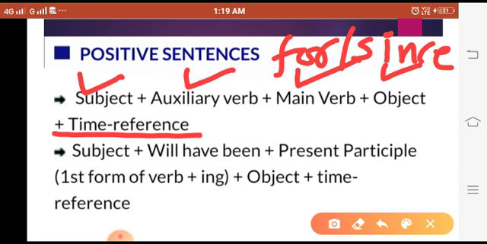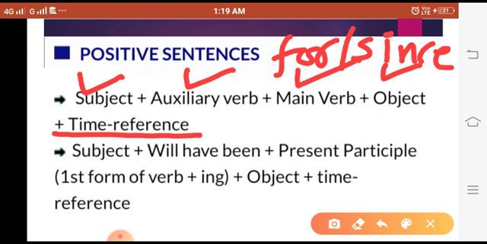And if we have exact timing, that exact timing can be the name of a month, the name of a day, exact timing like 4 o'clock, 5 o'clock, 6 o'clock, or the name of any month like since March, since April.